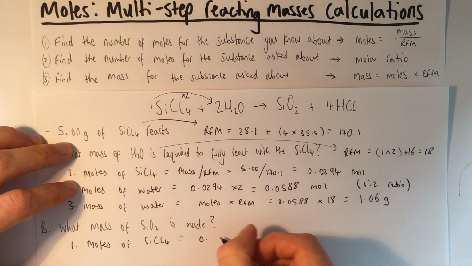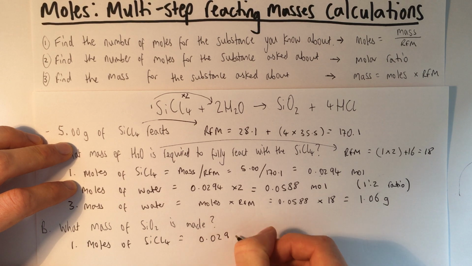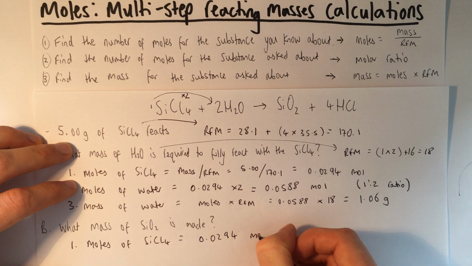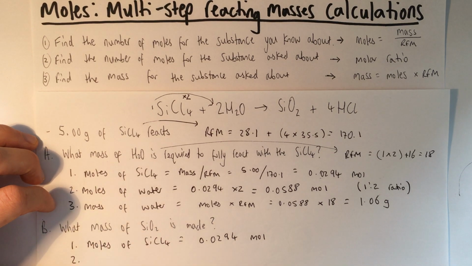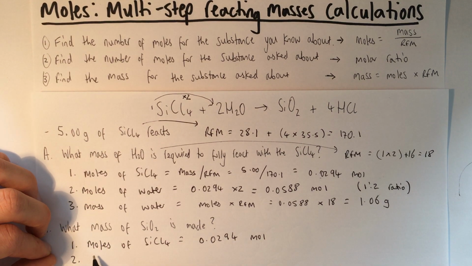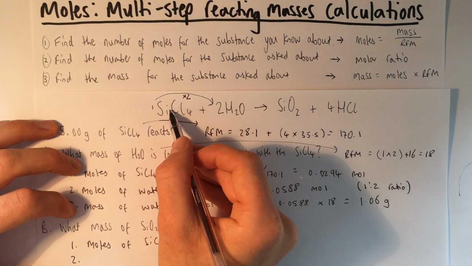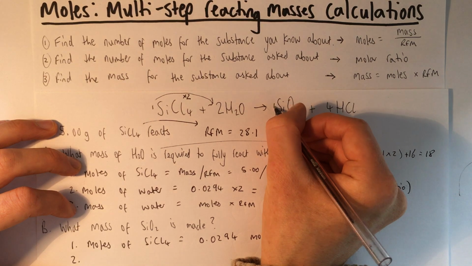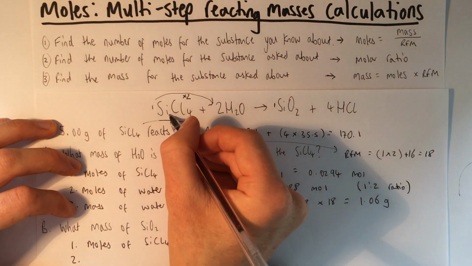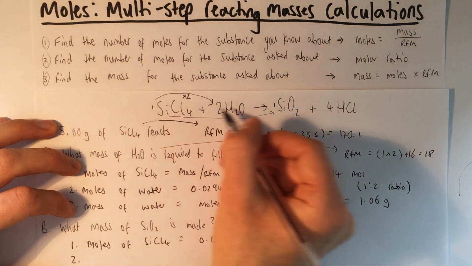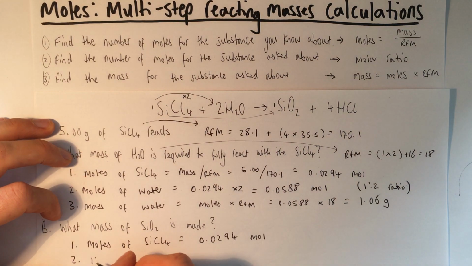I'm just going to write down that number again because I've already done that step. Now I'm going to use my molar ratio again to find the moles of silicon dioxide. So 1 mole of this makes, there's no number here, so that means 1 mole of that. It's a 1 to 1 ratio.